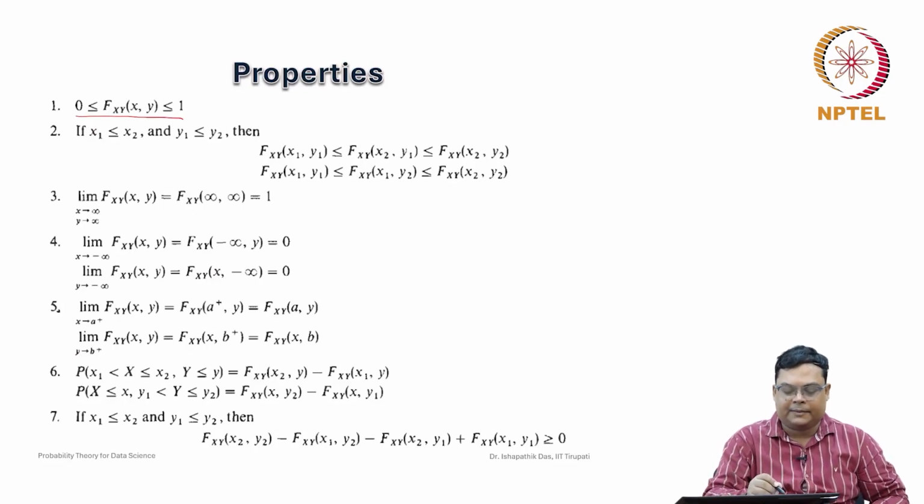The next property is that x1 is less than or equal to x2 and y1 is less than or equal to y2.